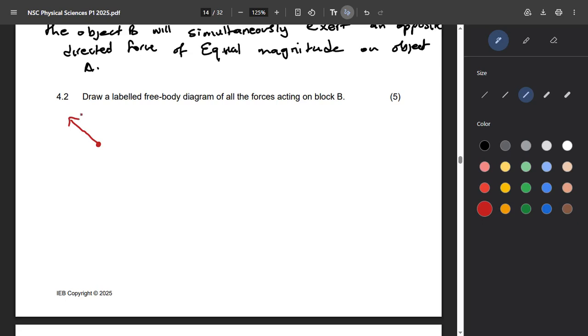So far I have three forces. The applied force, this is my F applied. And then we have the normal force, that's my Fn, and then going down, this is the weight. These are three forces that are acting. Since the question is 5 marks, you need to have 5 forces on your free body diagram.